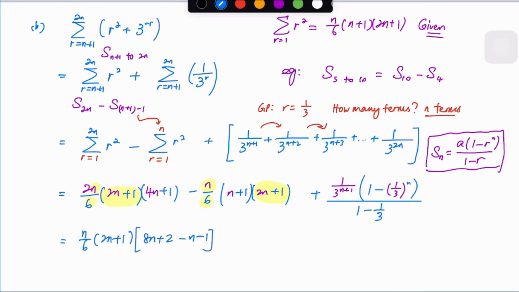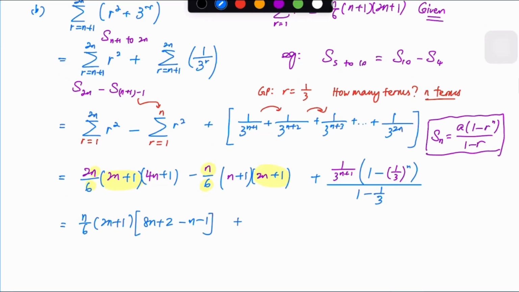Then the one on the right needs work. So this is 1 over 3, 1 over 3 to the power n, splitting the top.